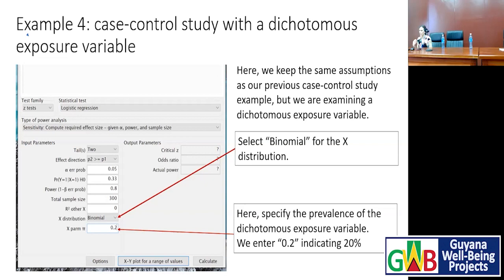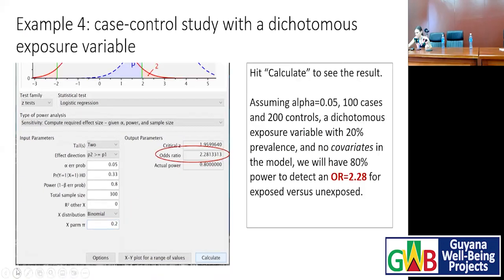But here, what if we wanted to look at a dichotomous exposure variable? So we pick binomial for the X distribution. That's for a yes, no, dichotomous variable. And we'll say the prevalence of that exposure is 20%, so we put in 0.2. We'll hit calculate to see the result there.